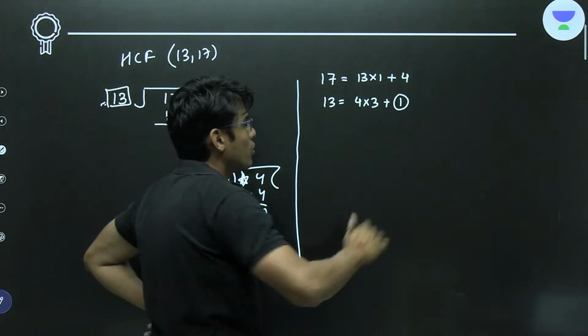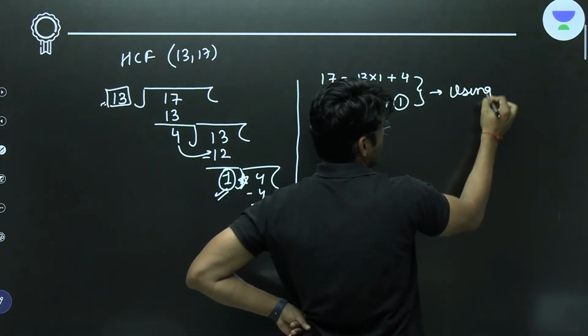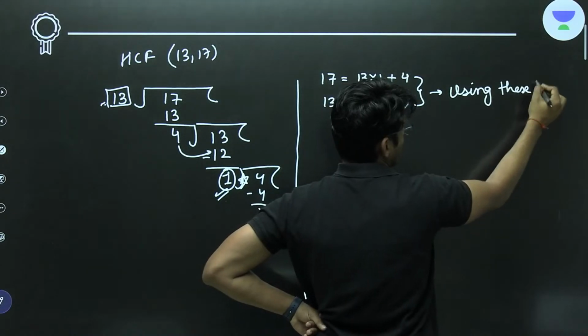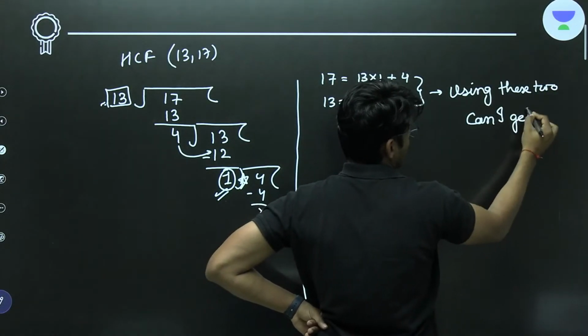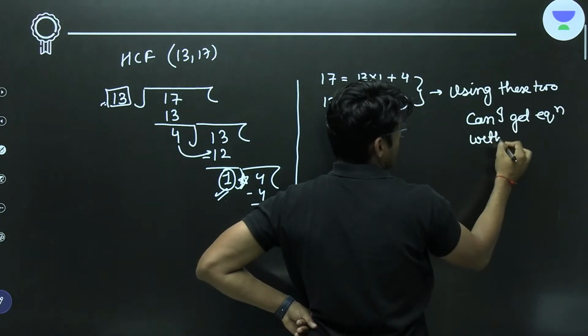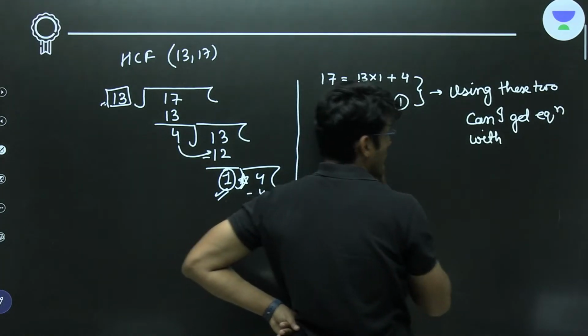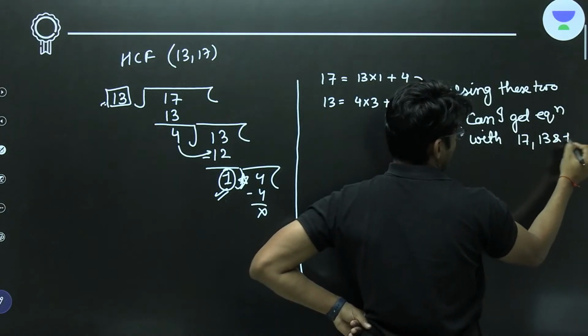Right? Now, using these two, can I get an equation with 17, 13 and 1 in it?